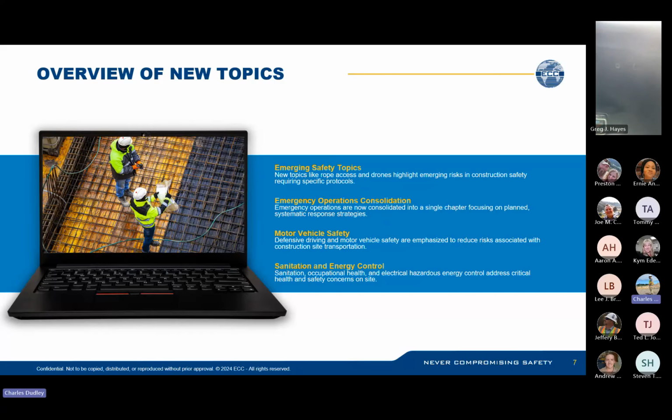And then emergency operations are now its own chapter and are very concise. It's crazy. Motor vehicle safety is now in there. Defensive driving, stuff we've already been implementing here at ECC, but now it's putting it into action for everybody else. So it's hopefully bringing the rest of them up with us.